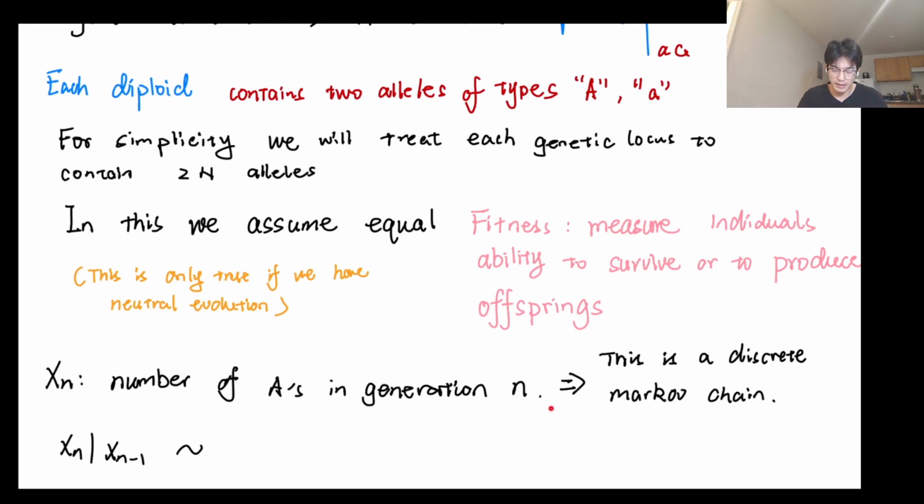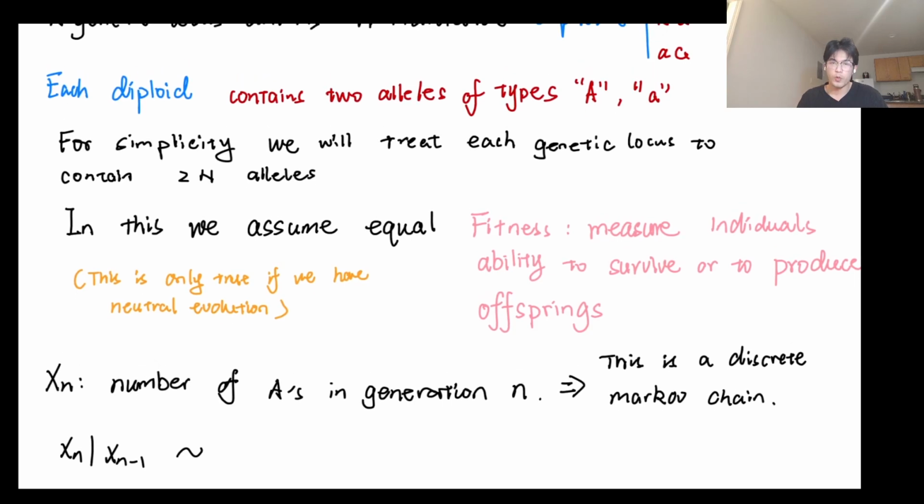And we can clearly see this random variable xn is a discrete Markov chain. I will not prove that. If you're curious how it is proved, I think it's very easy for you to check for yourself. Check the Markov property.